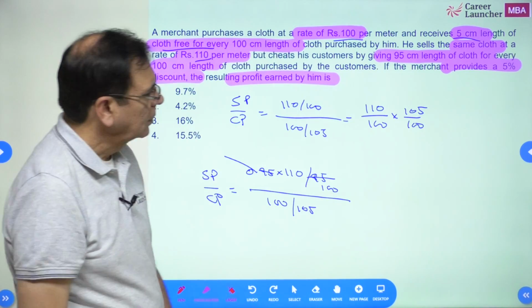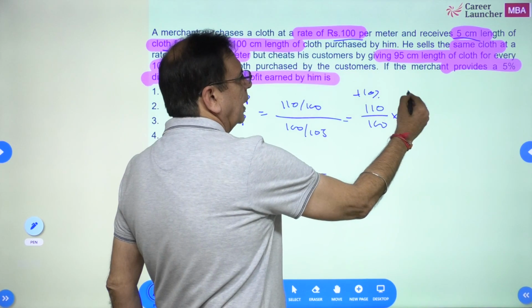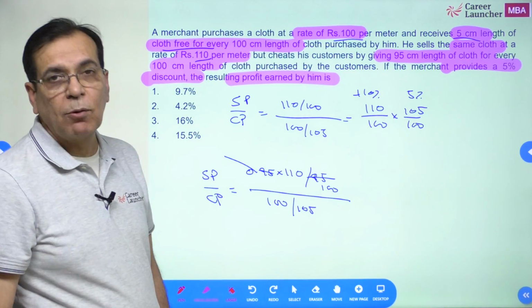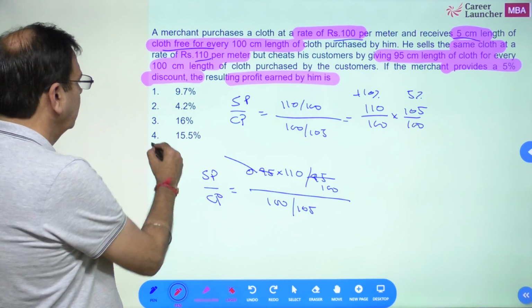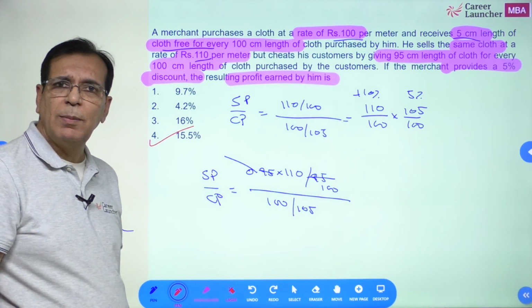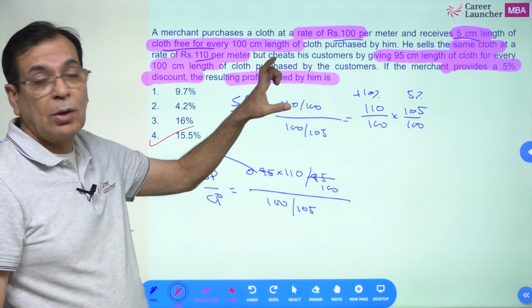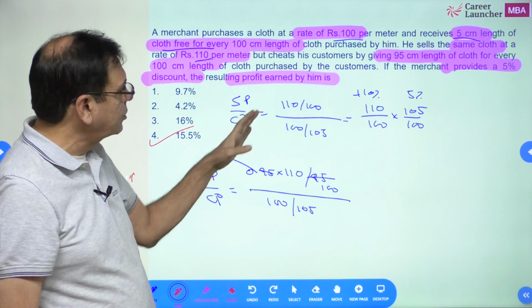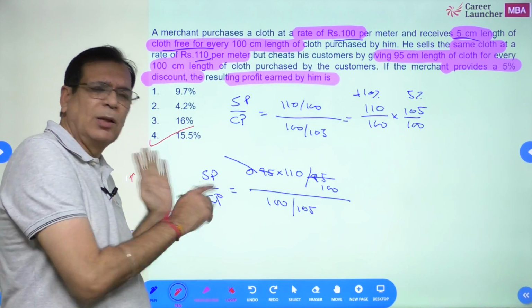What are these? Are not these two successive increments of 10% and 5%? If I have got two successive increments of 10% and 5%, my answer should be 15.5%. A plus B plus AB by 100. So, लगता मुश्किल है. Simple question of faulty weights. And in these questions, typically you need to say SP by CP minus 1 क्या है, and that is what we have done.